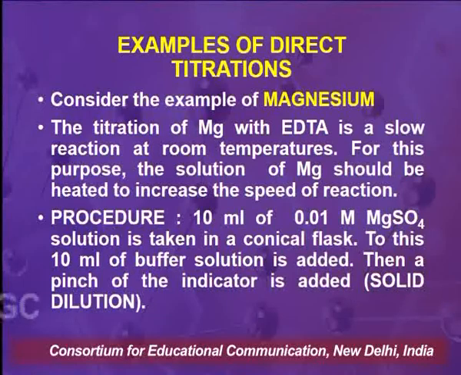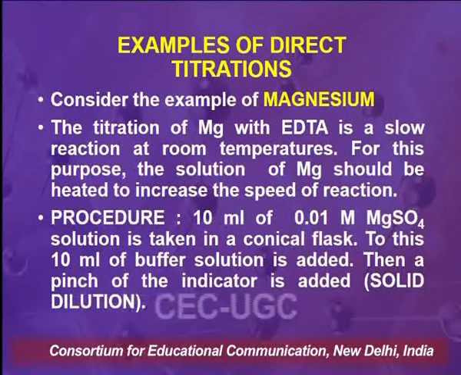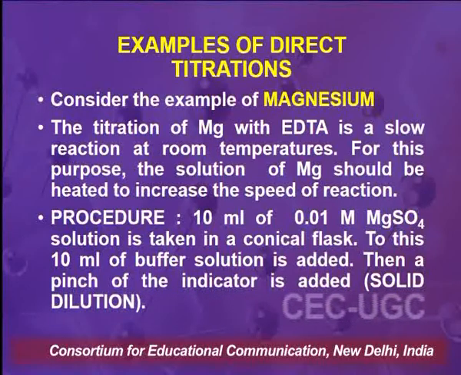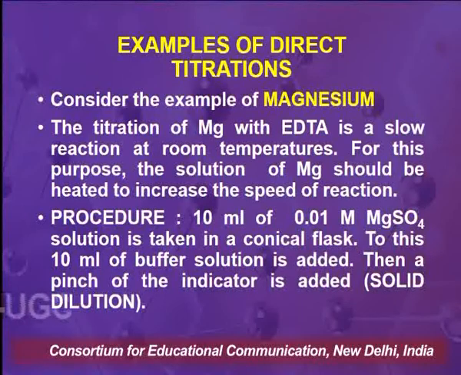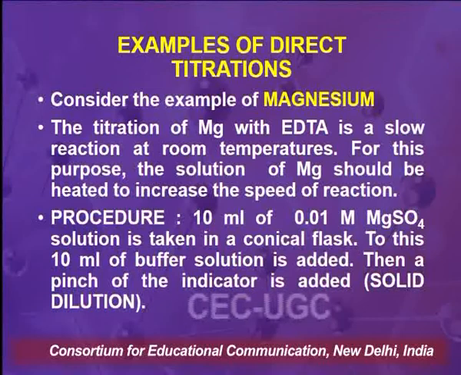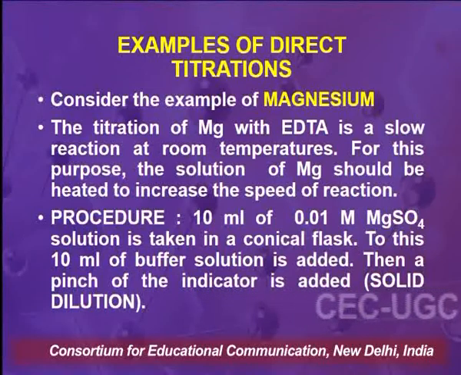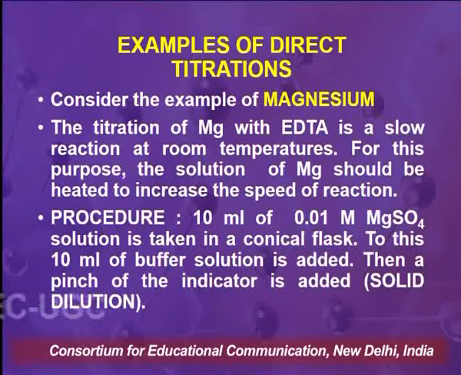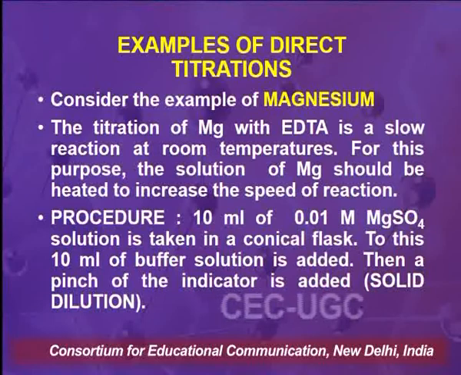So, before the titration starts, in the conical flask where we take the magnesium solution, we add the indicator, that is Eriochrome Black T, and we add the buffer to maintain the pH. After that, the solution of this magnesium ion is heated first so that the speed of the reaction increases, and after this the titration is performed.